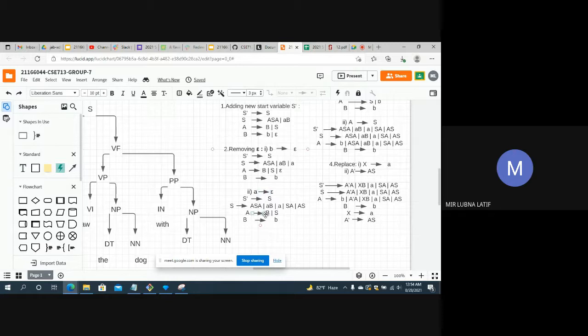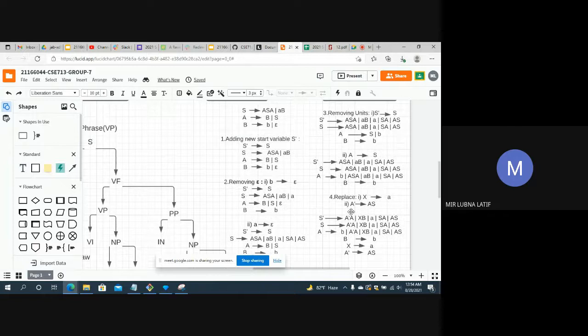That means B to B, and no more epsilon remains here. That means here we only need terminal to non-terminal, non-terminal to terminal. Okay.